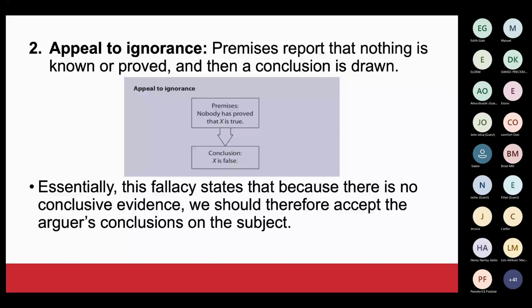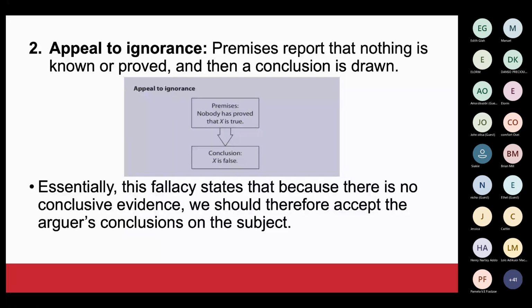Anytime an arguer tries to tell us that whatever you're talking about, we can't prove it, or there's nothing known about it, so it doesn't exist, it's a fallacy. To say that because we cannot prove that something exists, it is non-existent, is a fallacy.